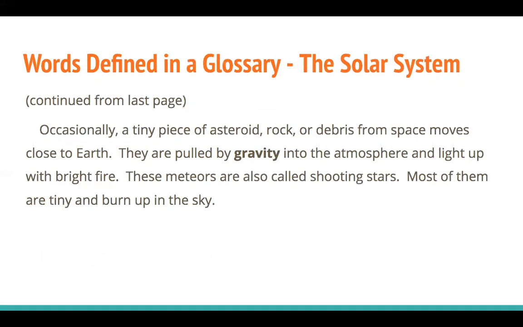They are pulled by gravity into the atmosphere and light up with bright fire. These meteors are also called shooting stars. Most of them are tiny and burn up in the sky. So here's another example where the author bolded a word that the readers might not know. We have to take a look at the glossary to see the definition of that word.